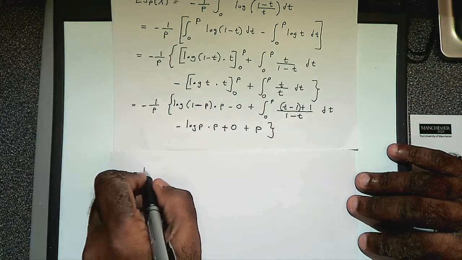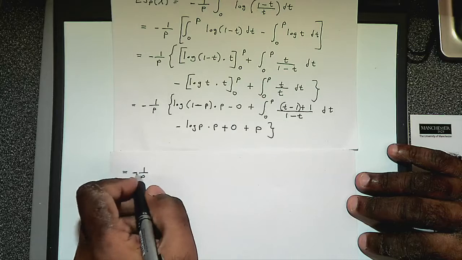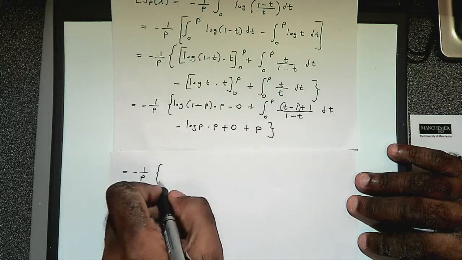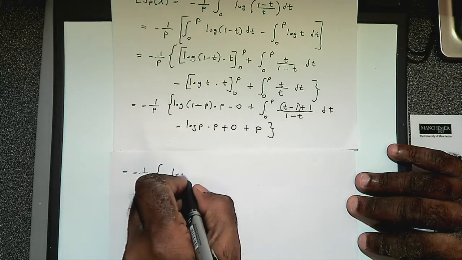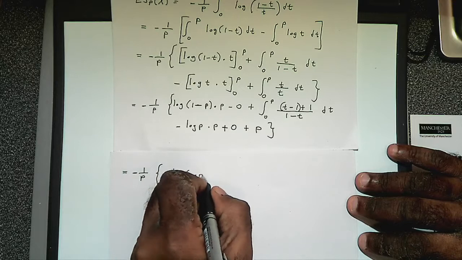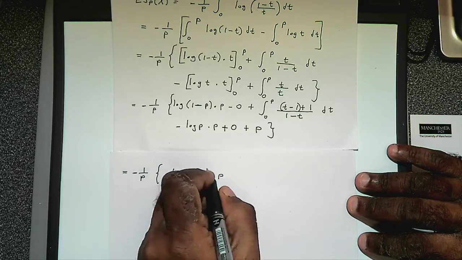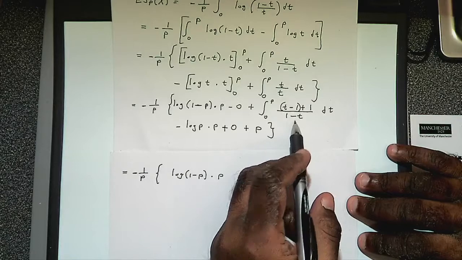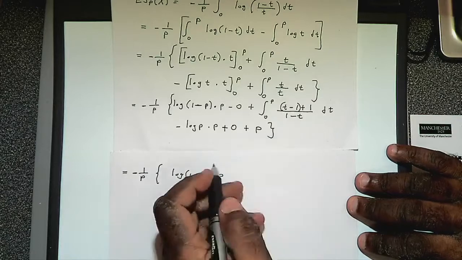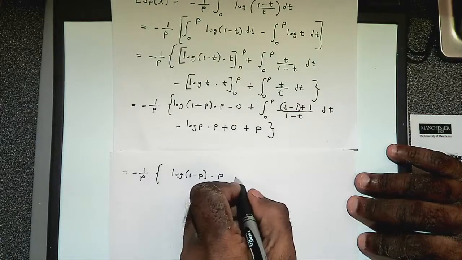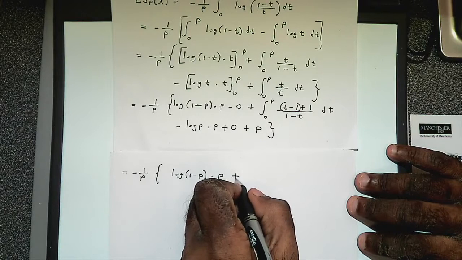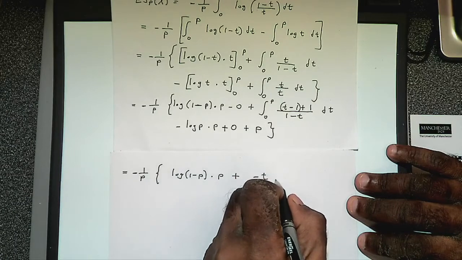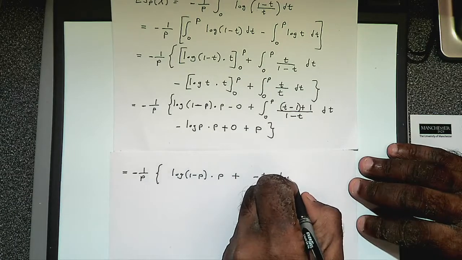So you have log of 1 minus p times p. Now the integral of this is minus 1 over that, so it's gonna be minus t minus log of 1 minus t.